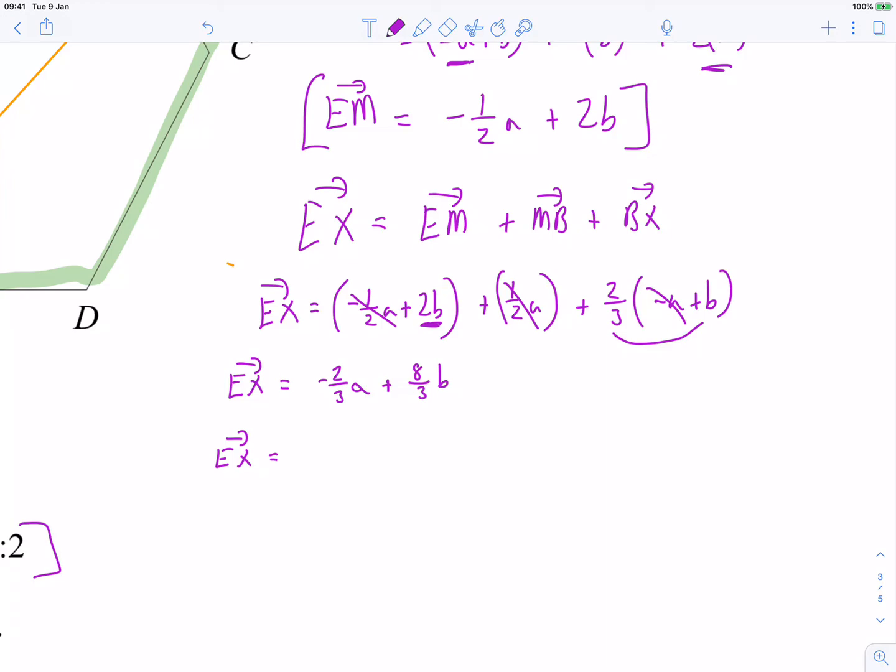Well, if you think about it very carefully, I want it to be a multiple of minus half a plus 2b. So think about it.